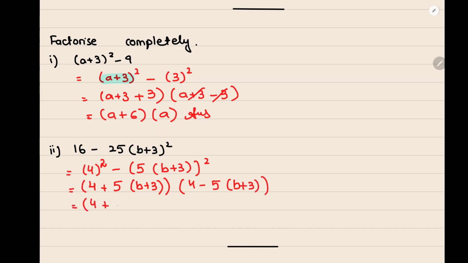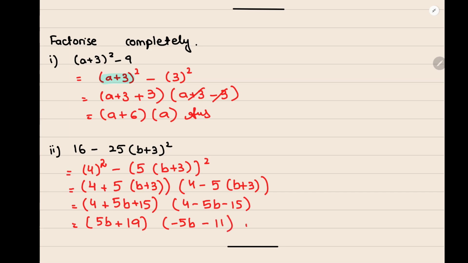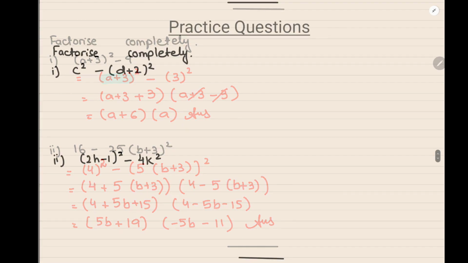Now simplification: 4 plus 5b plus 15, or 4 minus 5b minus 15. So it would be 5b plus 19 and negative 5b negative 11. This would be my answer.